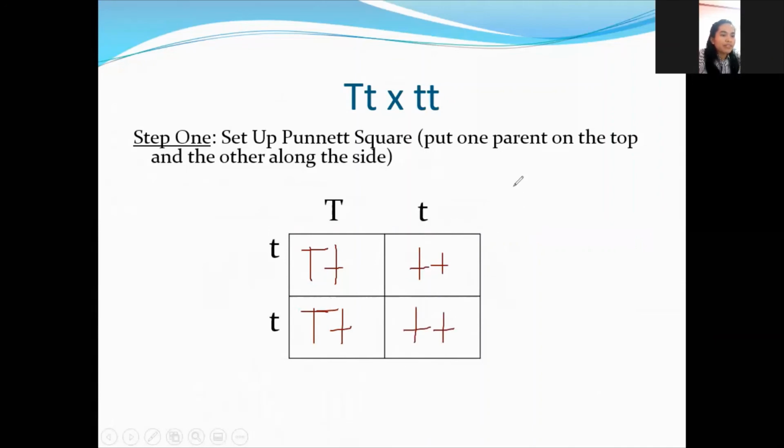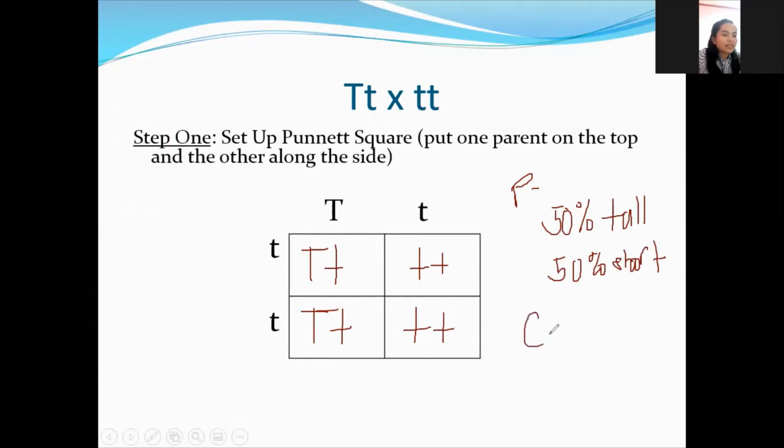Okay, so our phenotype, I'll just put here P, would mean 50% are, let's say, tall, and 50% are short. Alright? Why?